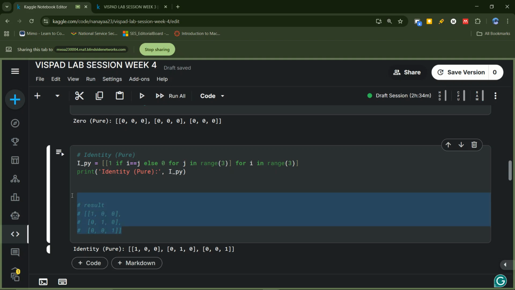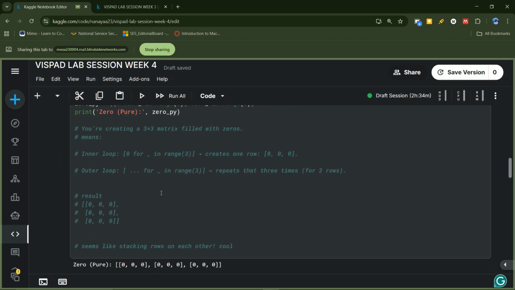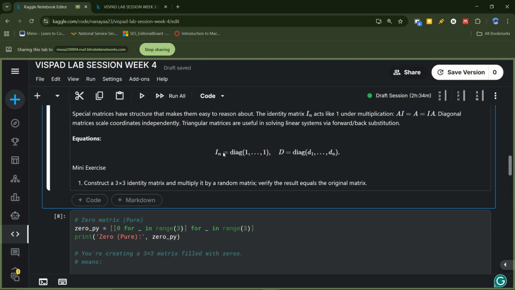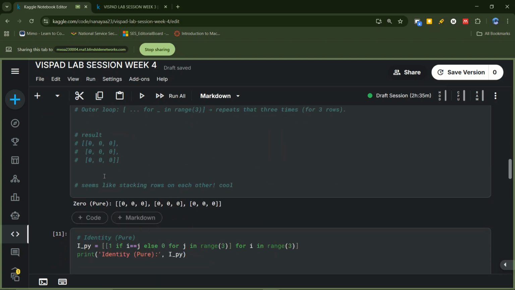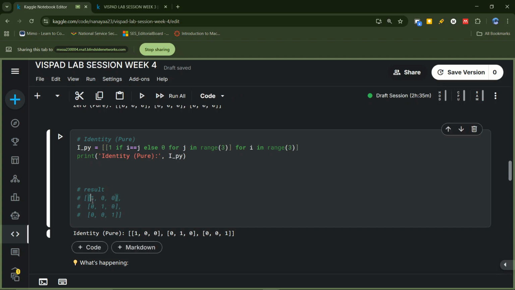And the result over here, I commented the result over here. So you understand why we said on top here is diag 1111, right? Because the diagonals are just values of 1. Okay, and that's what makes it an identity element, where all the diagonals are 1 and all the others are 0.